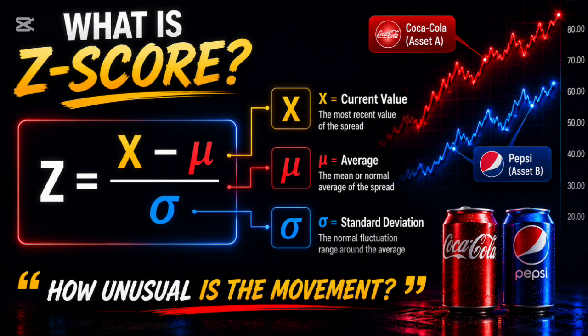So how far has the spread moved away from its average? Let's look at the formula carefully. We take the current value, subtract the average, then divide it by the standard deviation.